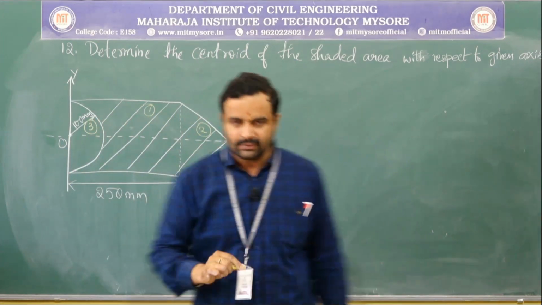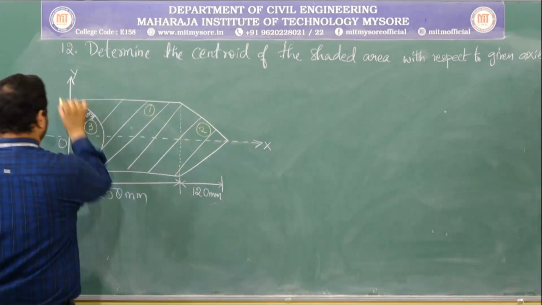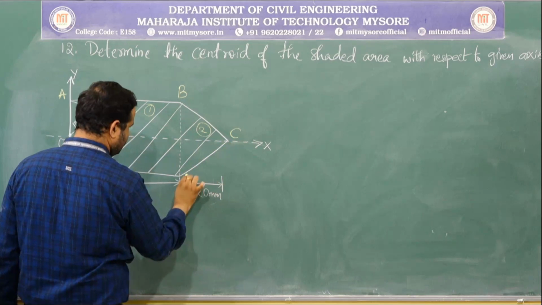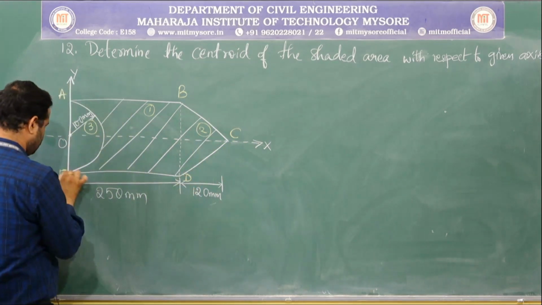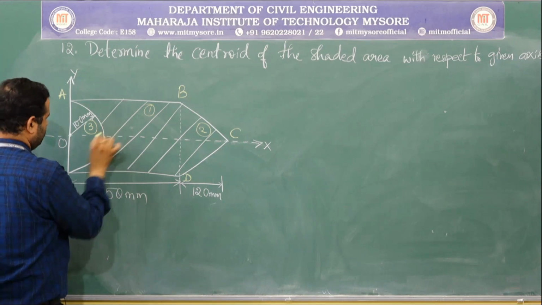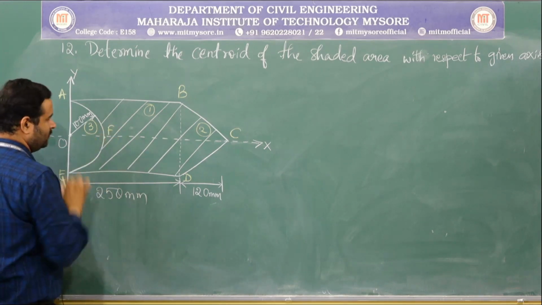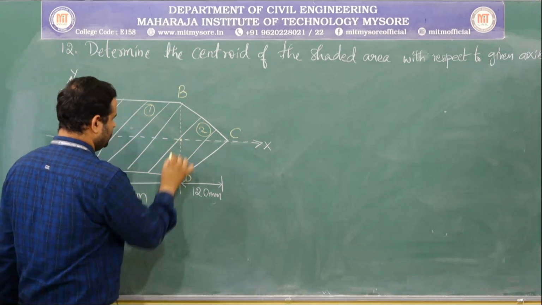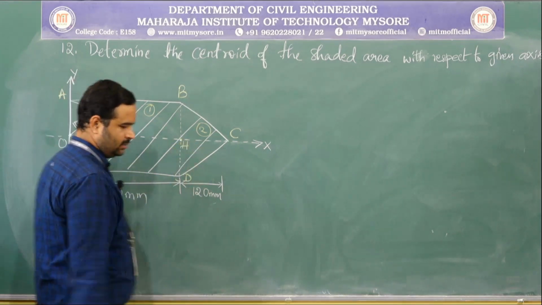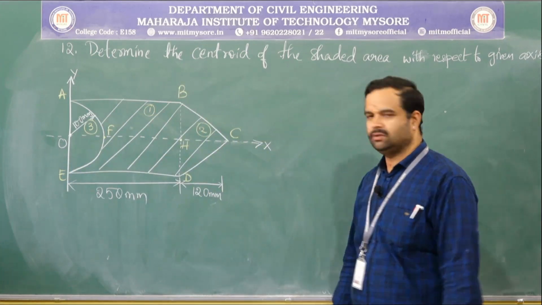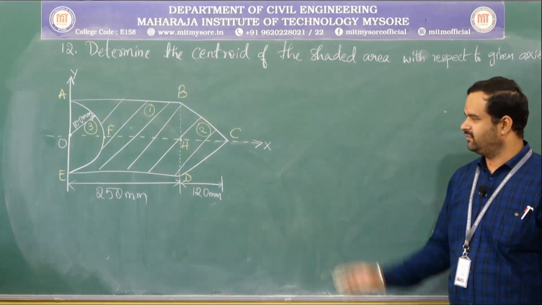Now, let me name the points A, B, C, D, E. If you want to name this point F, it is already O. If this point needs to be marked, you can give a name like H. It is named only for convenience, and it will be helpful when we write the table.